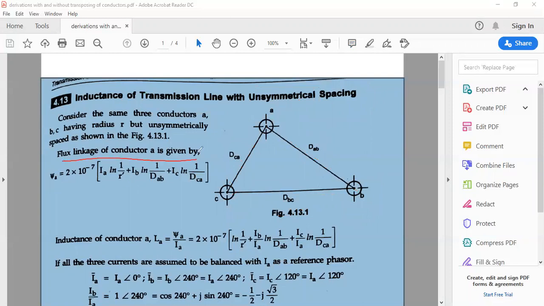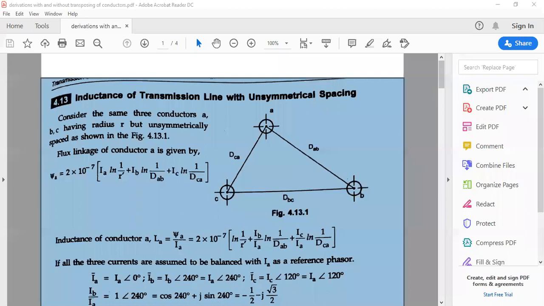Now, when I want to talk about the flux linkage of the conductor, phi A, with respect to this conductor, how do we arrive at the first equation written here?